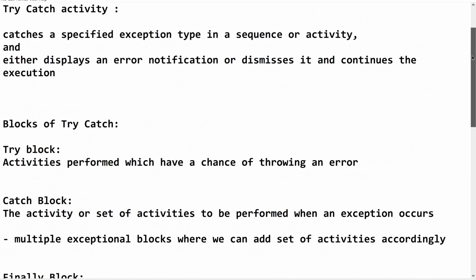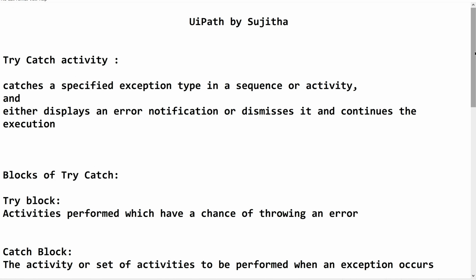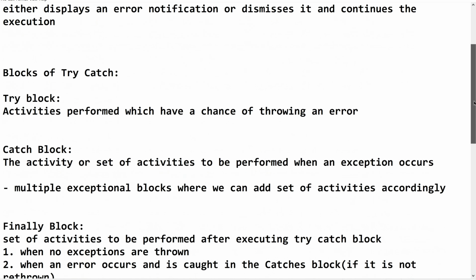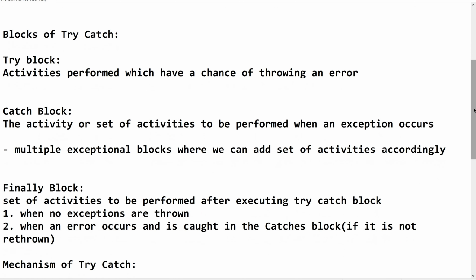Okay, so let us quickly recap what we have learned on this TryCatch activity. We learned the definition, what it is going to do. It catches a specified exception type in a sequence or activity and either displays an error notification or dismisses it and continues the execution. Then we have seen the different blocks in TryCatch: try block, catch block and finally block.